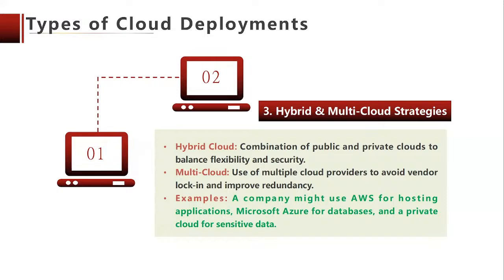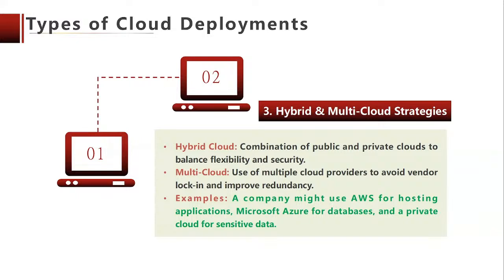Then when we talk about multi-cloud, as I have written here, hybrid and multi-cloud strategy. Multi-cloud uses multiple cloud providers to avoid vendor lock-in and improve redundancy. Here you are using different cloud services, different vendors. If some particular server is down, you will be able to maintain the data through a different server.